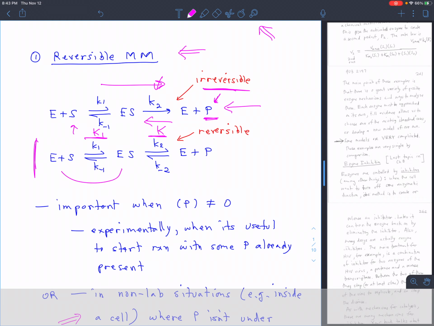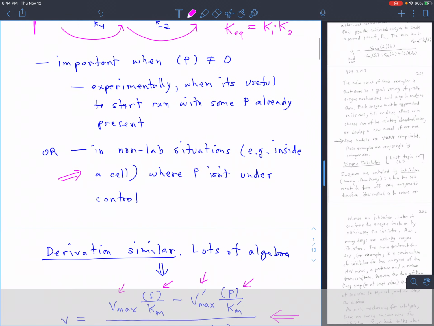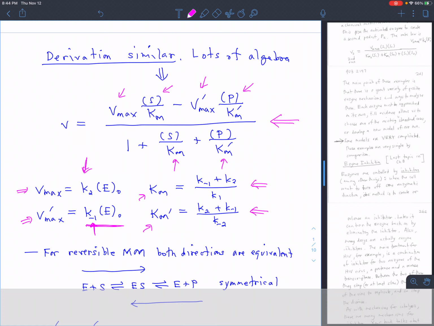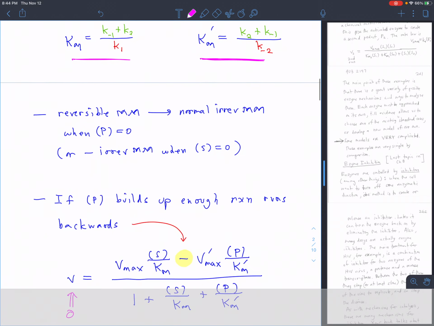If this is the first reaction and this is the second reaction, then K for the overall reaction should just be K1 times K2. And that's in fact what you get. So the reversible Michaelis-Menten is in some ways just the full Michaelis-Menten case. The fact that Michaelis-Menten is normally considered to be irreversible can be thought of as a special case of this more general case.